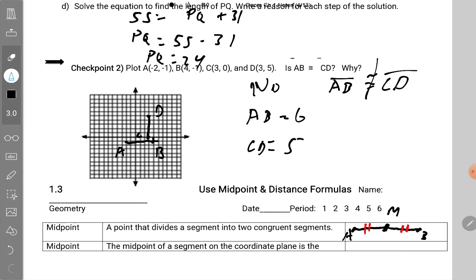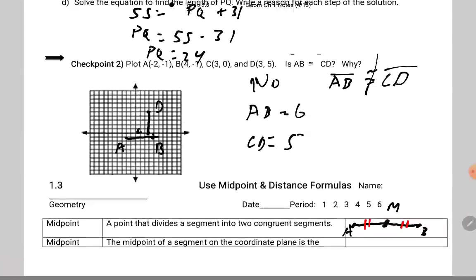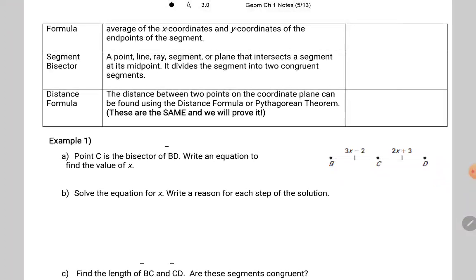So the midpoint formula, let's go to the next page. How it works is the midpoint formula, if we have the coordinates x1, y1, so that's the first coordinate, and the second coordinate x2, y2, then our formula is we take our x's and add them together and then divide by 2.